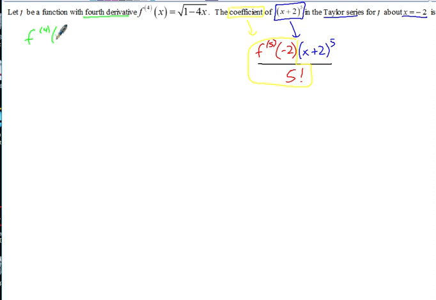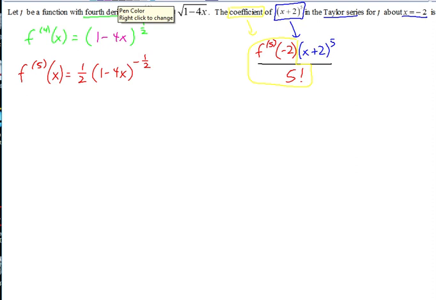So since our fourth derivative, let's rewrite this here to make it easier to take the derivative of. We could write it as (1 minus 4x) to the 1/2 power. Then when we take the fifth derivative, it's just the derivative of the fourth derivative using the power and chain rule. That would be bringing down the 1/2, (1 minus 4x) to the negative 1/2. But using the chain rule, the derivative of 1 is 0, but the derivative of negative 4x is negative 4.